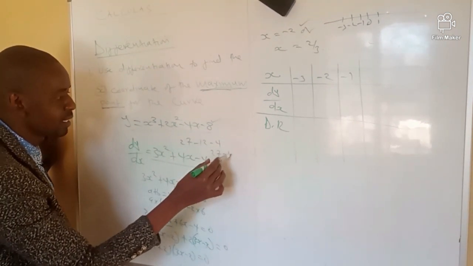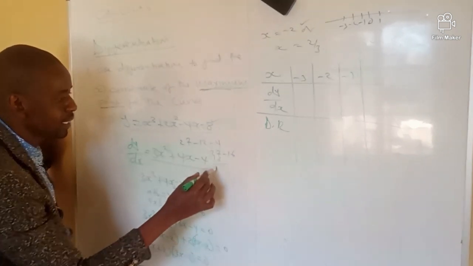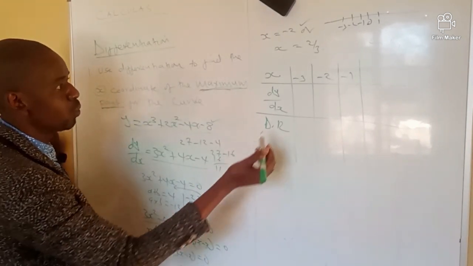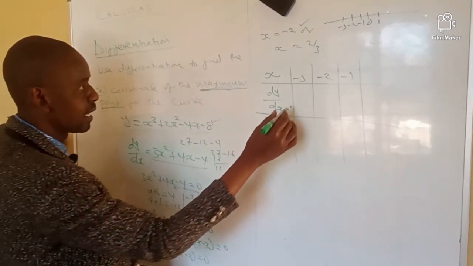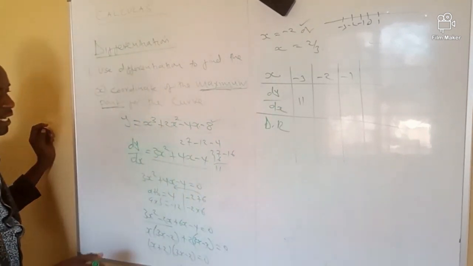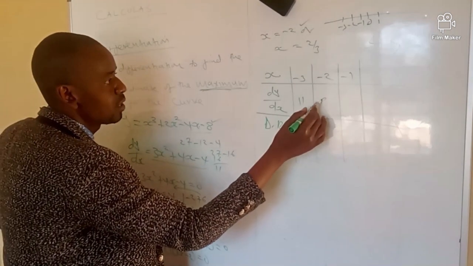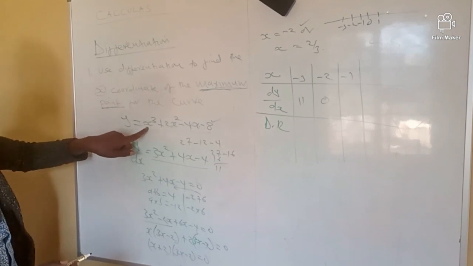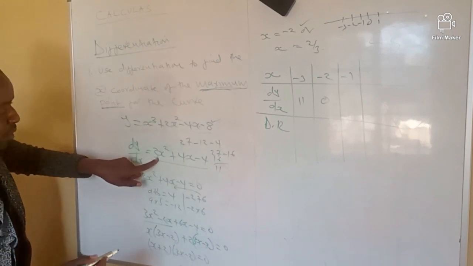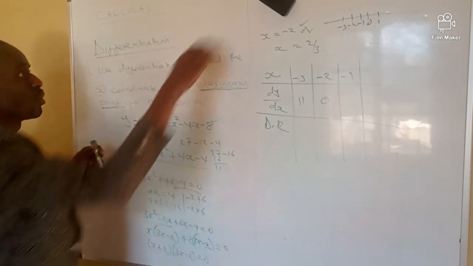So 27 minus 60, you get 11. So dy over dx here, when it is -3, is 11. When it is -2, dy over dx is going to be 0. When it is -1, then dy over dx is going to be 3.